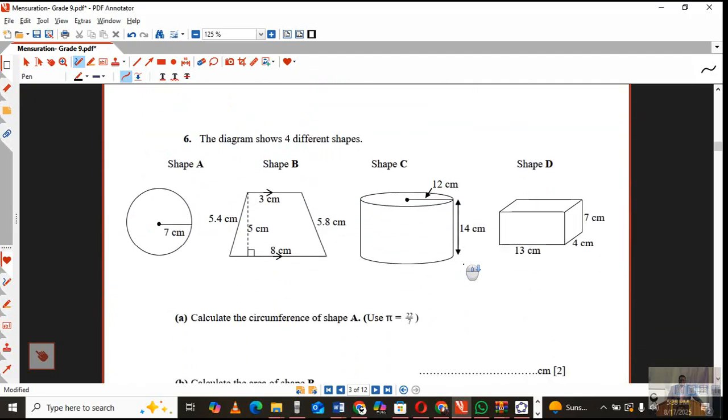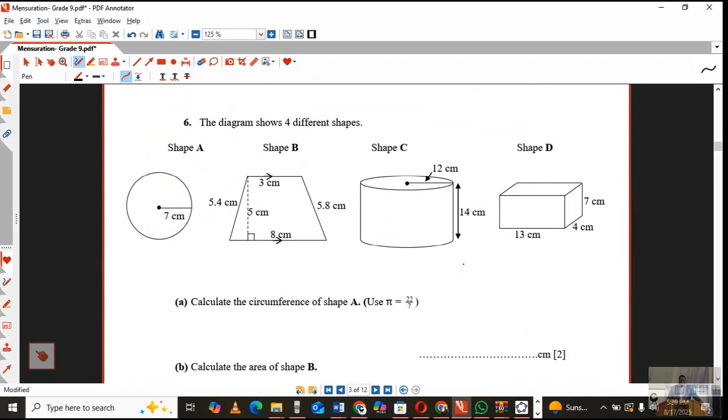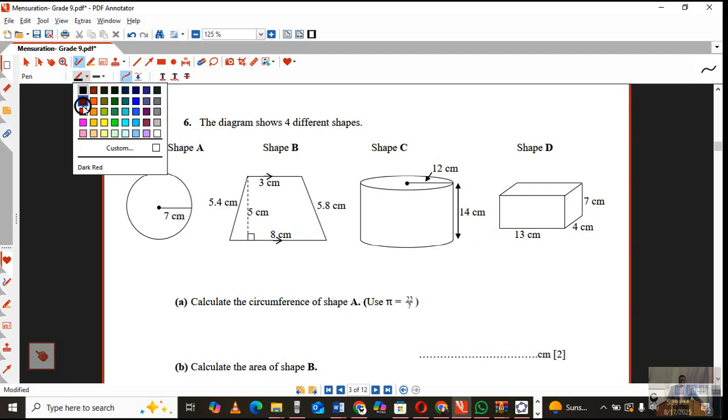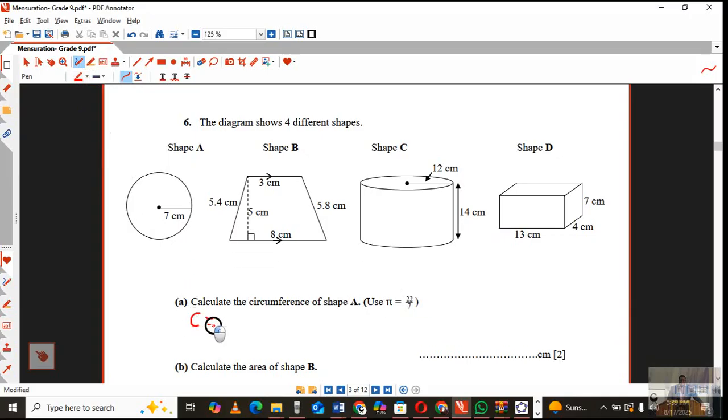Right. The next question, you have got a bunch of shapes here. You have a circle, you have a trapezium, you have a cylinder over here, you have a rectangular prism, also known as a cuboid. So part A, they say calculate the circumference of shape A. Now shape A, again, there are 2 formulas. Circumference is going to be 2 pi r. I'm going to use this one because they are saying that whenever we're dealing with circular things, we're going to use 22 over 7.